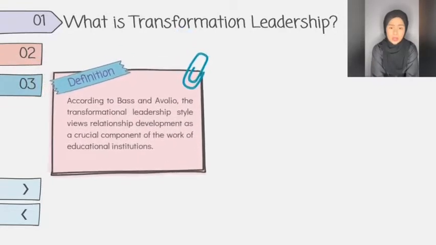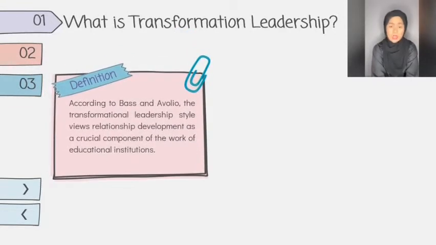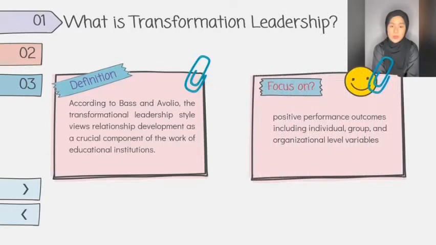So according to Bass and Avolio, the transformation leadership is a style that views relationship development as a crucial component of the work in the educational institutions. So this transformation leadership focuses on the positive performance outcomes, including individual, group, and organizational level variables.